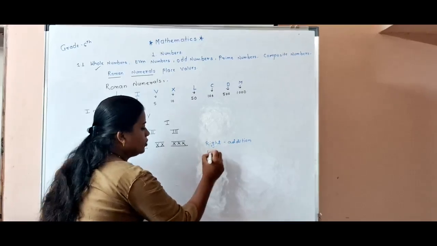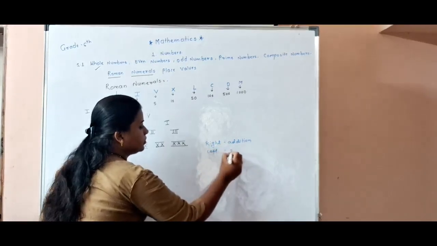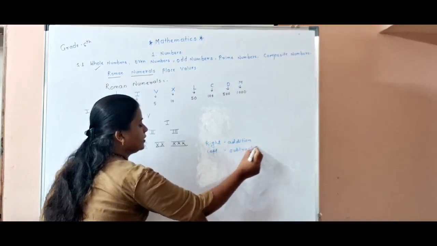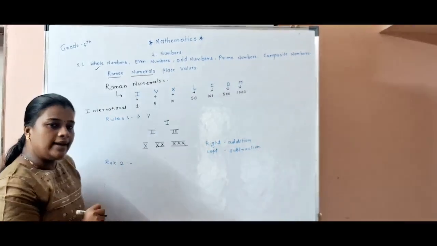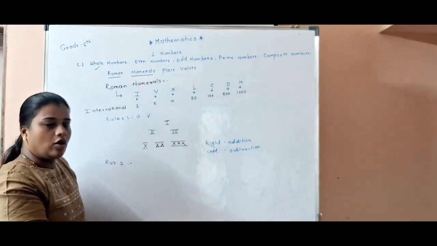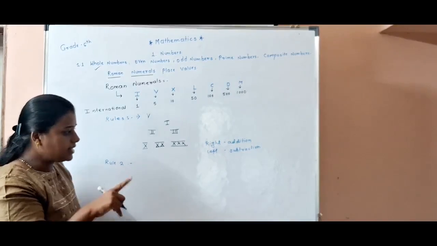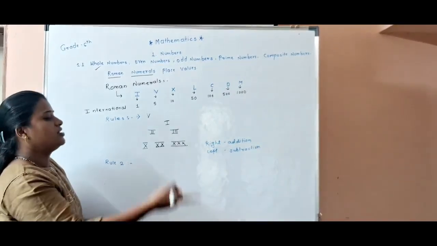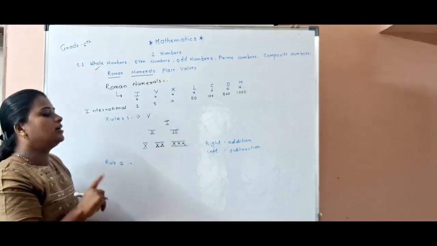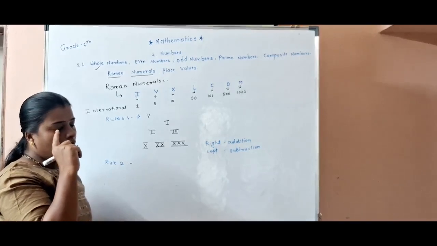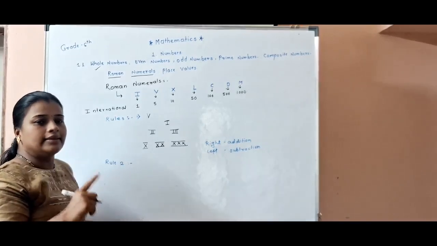And when you write to the left side, you are supposed to do subtraction. Both rules I am going to explain together. So when you write the lower numeral of the higher numeral to the right side, it will be addition, and when you write to the left side, it will be subtraction. Remember not to write more than 3 times.